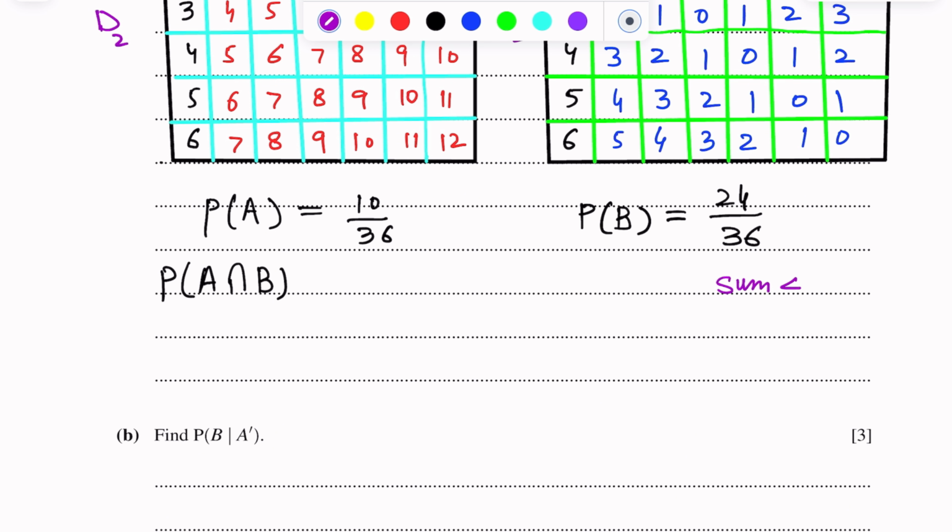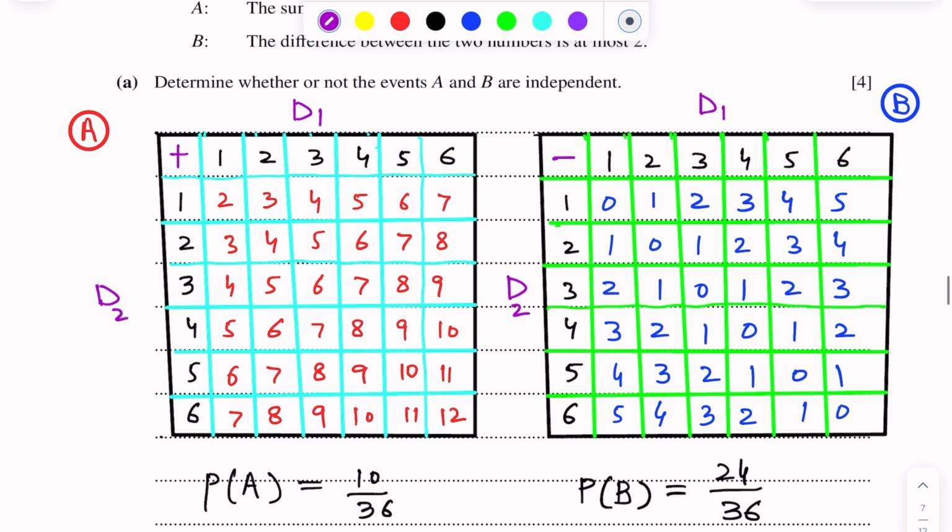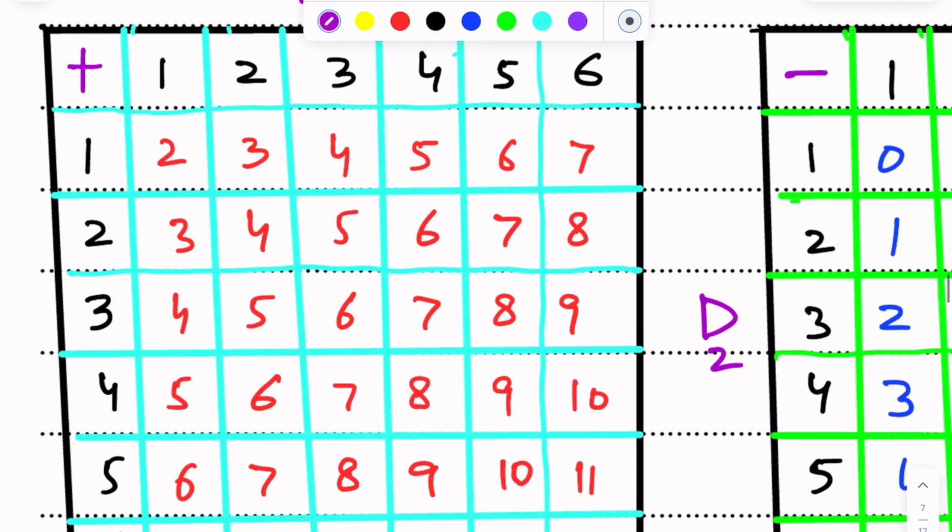Sum less than 6 and difference less than or equal to 2. For the sum we will take help from this diagram.